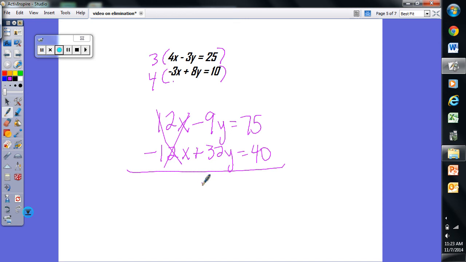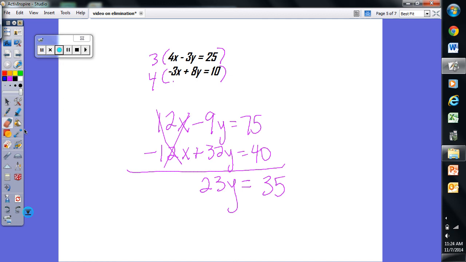Negative 9y plus 32y is 23y equals 35. I did something wrong there. What's 32 minus 9? I can't add, apparently. 23y equals... Oh, add them together.